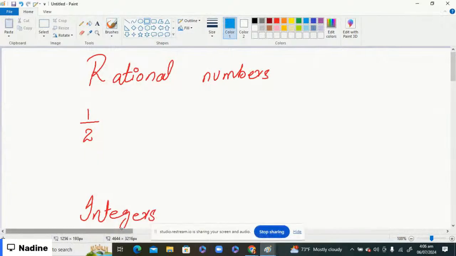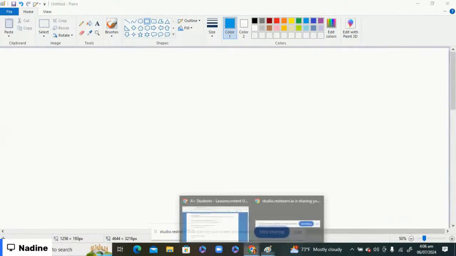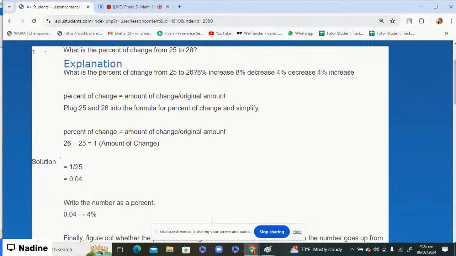This is basically the formula that we get, which is change in amount, that is basically how much total change occurs from 25 to 26, and then you just need to find the percent change from 25 to 26, and then how much the original amount.